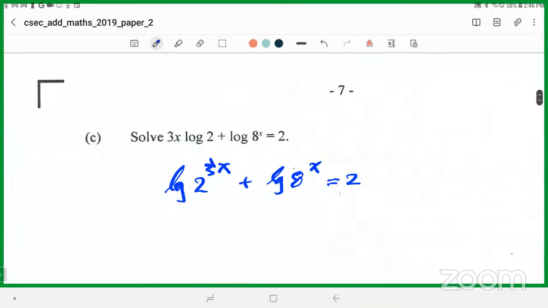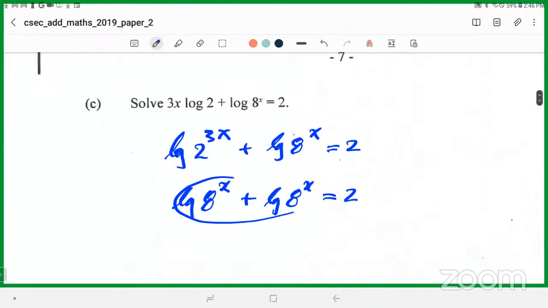This is the same as 2 cubed to the x, which then becomes the log of a to the x plus the log of a to the x equals 2.